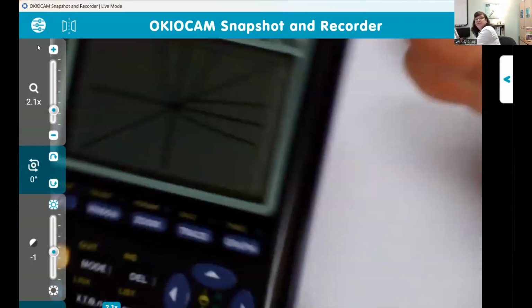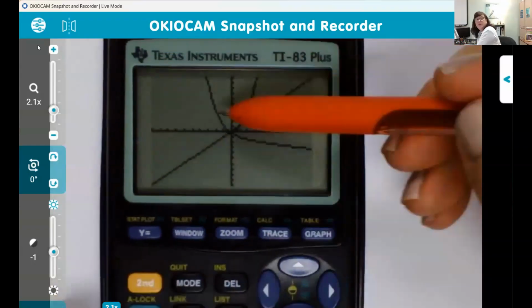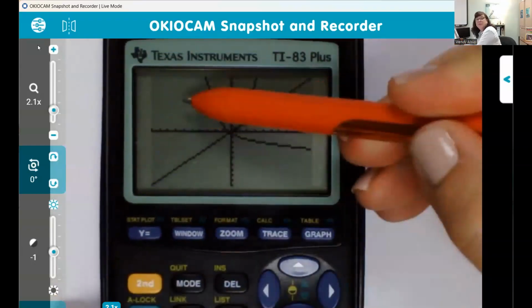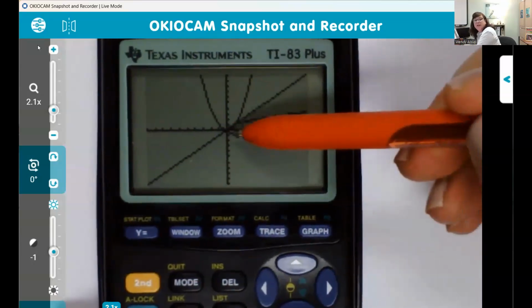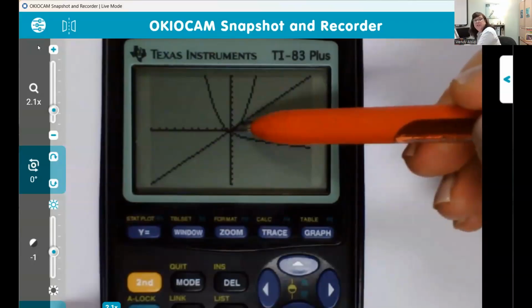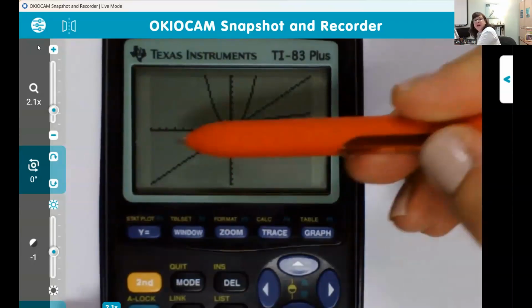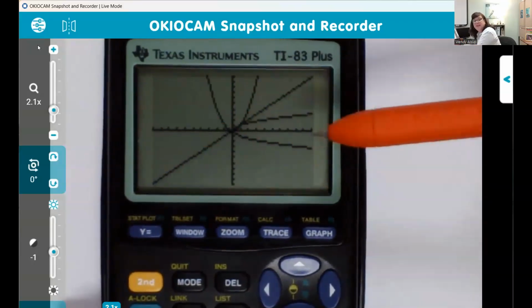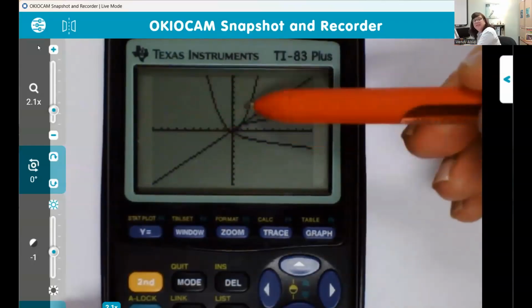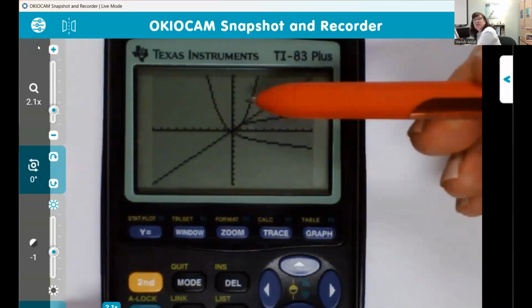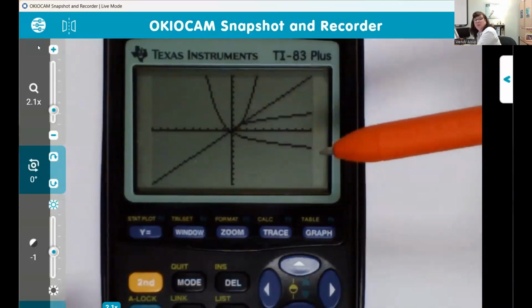The way you tell that when you're looking at the original is, does it pass a horizontal line test? Well, this one would pass a horizontal line test from 0 to infinity, but not from negative infinity to infinity. So if I want to take the inverse of this function, I'm going to have to limit it so that its inverse is also a function.